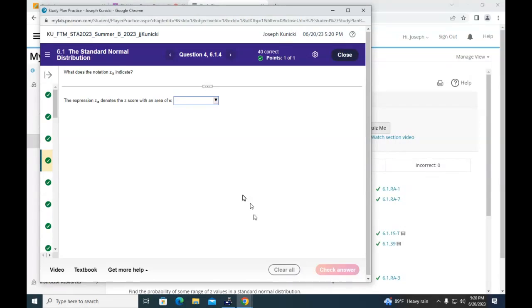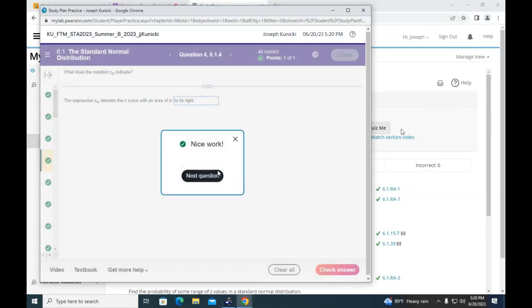It goes 2 ways. And from now on, probabilities will always be 4 decimal places. The Z's will be either 2 or 3 decimal places, so you can distinguish which one you're dealing with. So Z alpha denotes a Z-score with area of alpha to its right. You'll see that coming up.